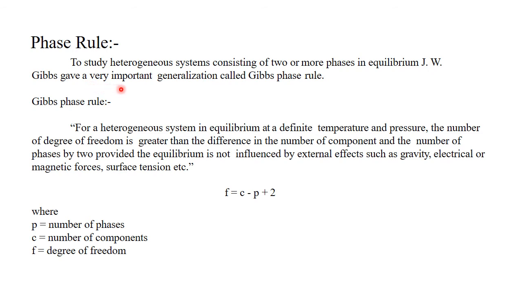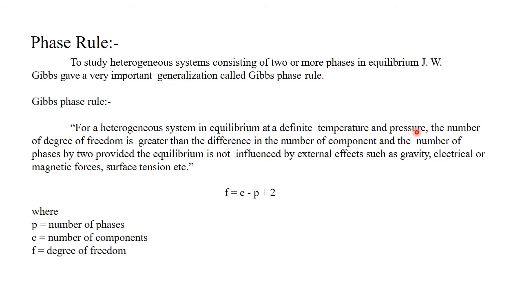For a heterogeneous system in equilibrium at a definite temperature and pressure, the number of degrees of freedom is greater than the difference in the number of components and the number of phases by 2, provided the equilibrium is not influenced by external effects such as gravity, electrical or magnetic force, as well as surface tension.